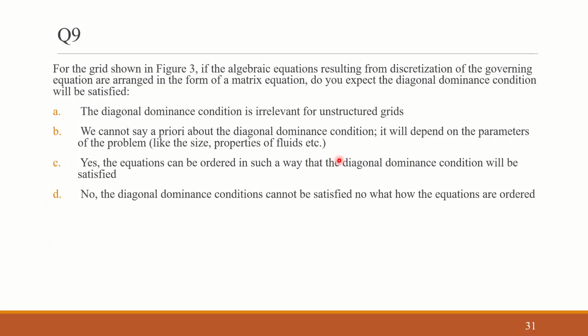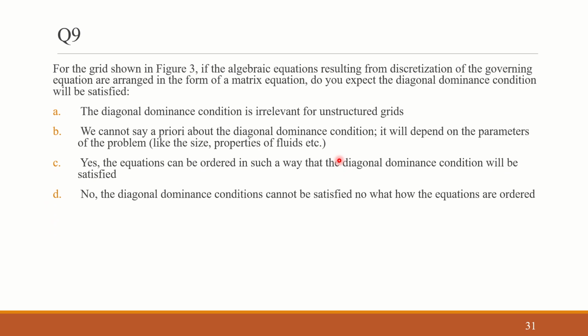After we discretize the equations, we get algebraic equations. Those equations we arrange in a certain form, and we get the solution to those equations. The solution can be obtained from numerical methods like Gauss-Seidel, whatever methods.